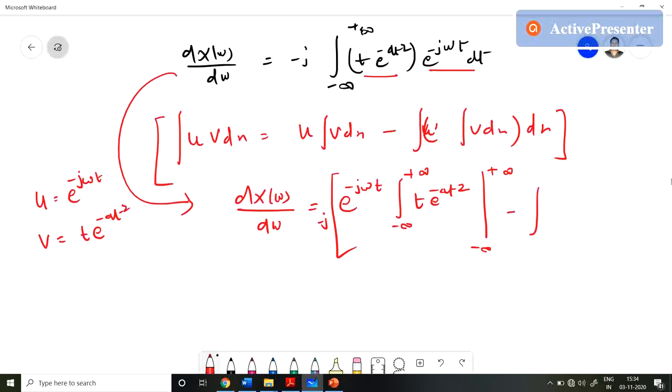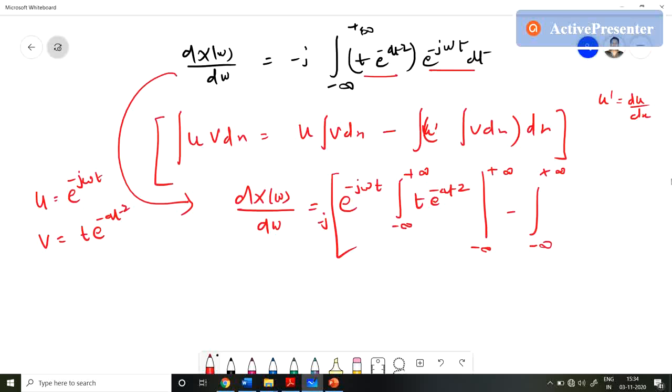Then minus the integral from minus infinity to plus infinity, where we have the differentiation of u, that is u dash, which is du by dx.